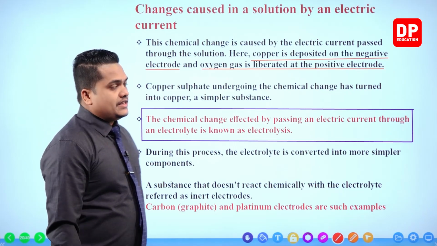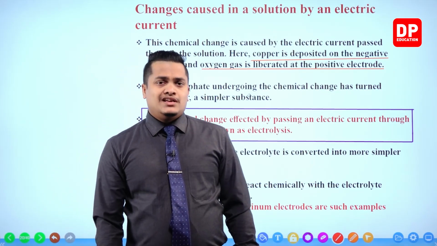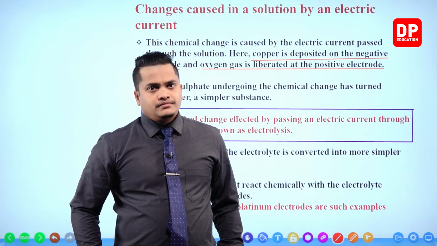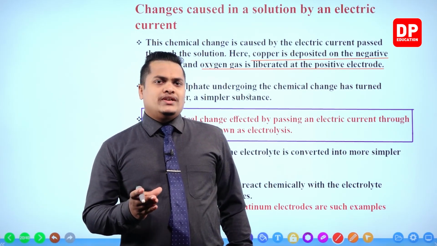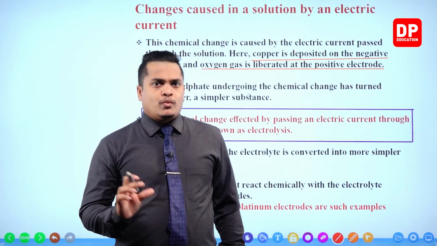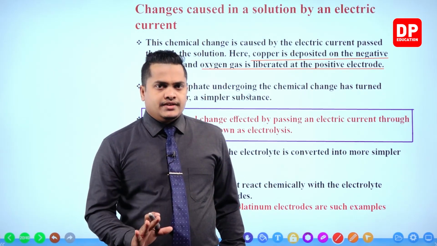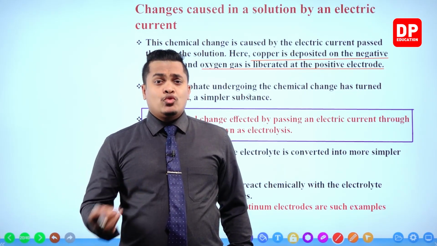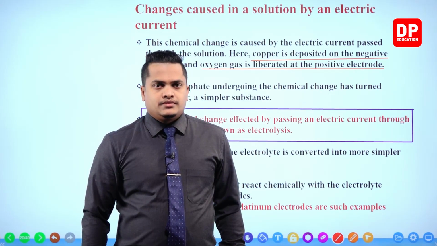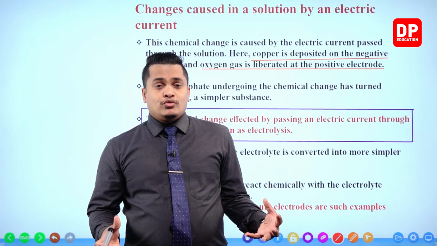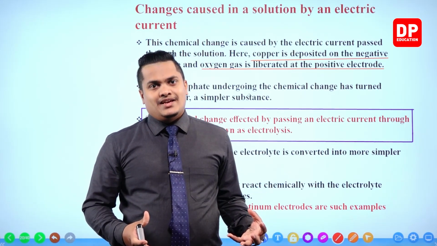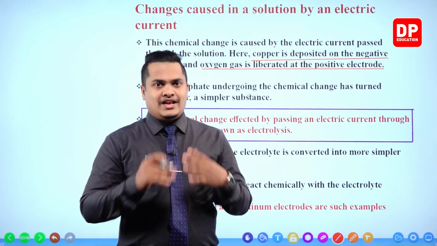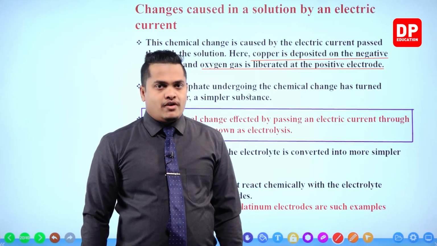Now, our result should be a chemical reaction. What will happen if you put a certain substance in to provide electricity to the electrolyte, and that substance reacts with the chemical solution? That is going to be a huge problem. Why? Because our result should be a chemical reaction, but after providing the electricity, not before it.